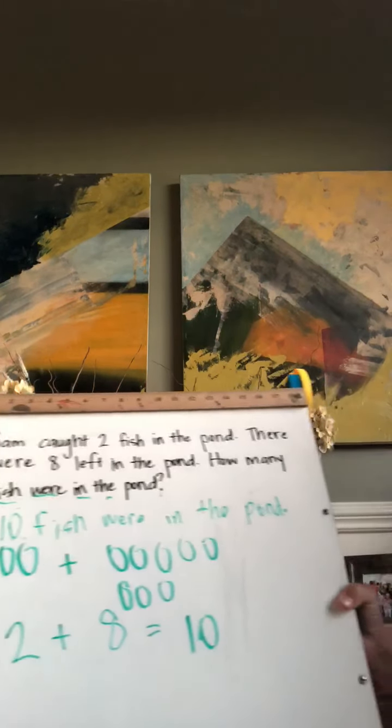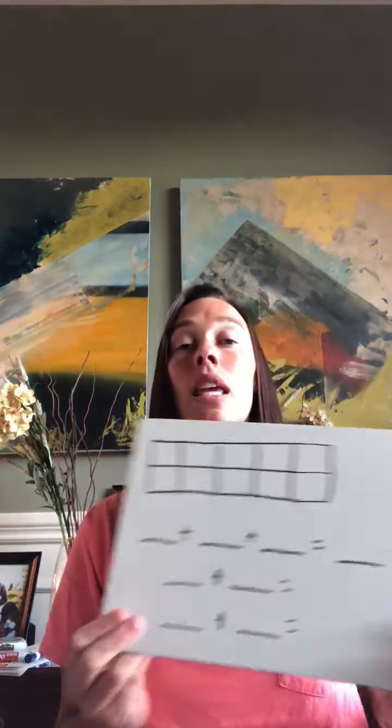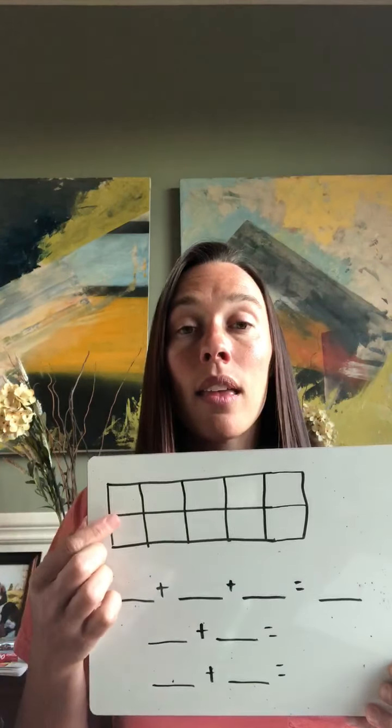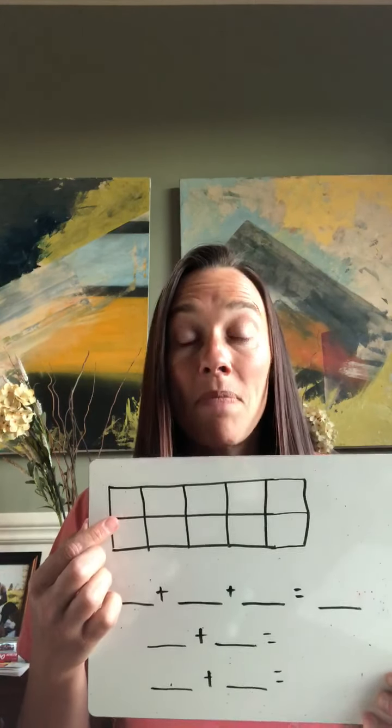All right, now let's go ahead and get started with making 10 to add 3 numbers. So the very first thing I'm going to remind you of is we have looked at 3 different ways to show our work. The first way we have is a 10 frame.